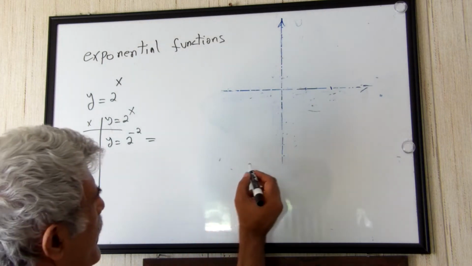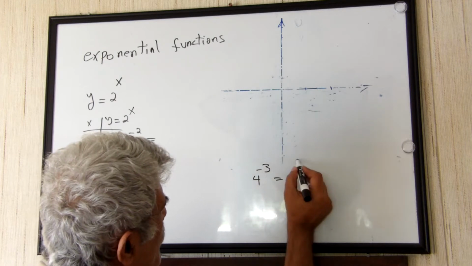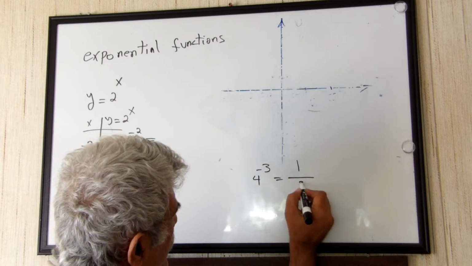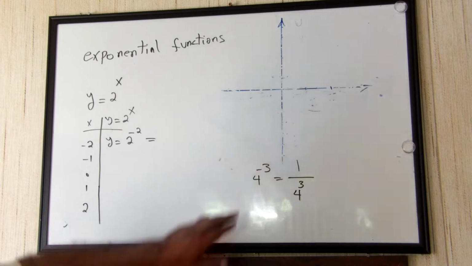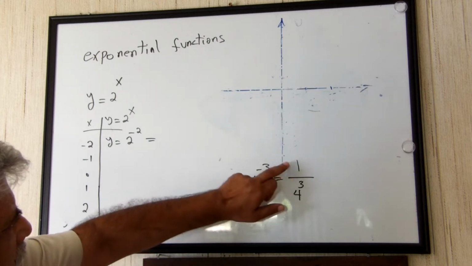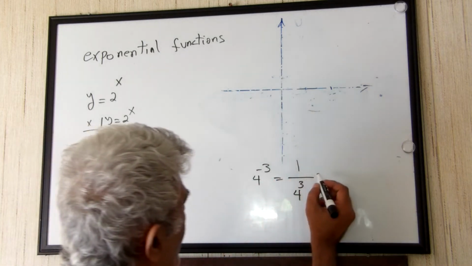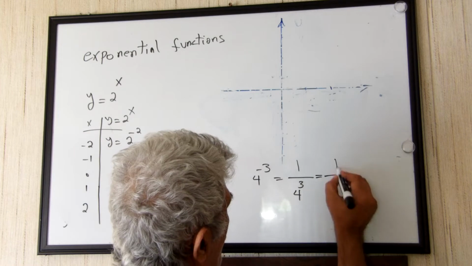We talk about something like 4 to the power of -3. What is that? It means 1 over 4 to the power of 3. We write the same thing here, but the exponent is positive: 1 over 4 cubed. What's going to be the answer?